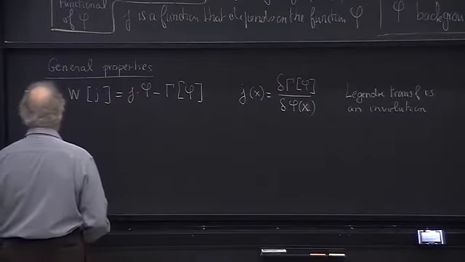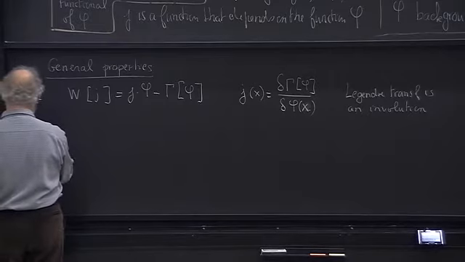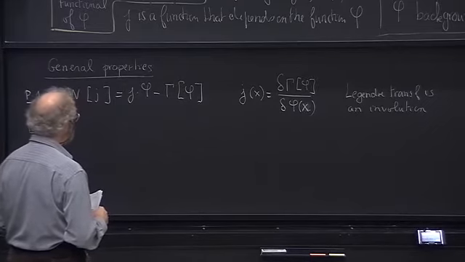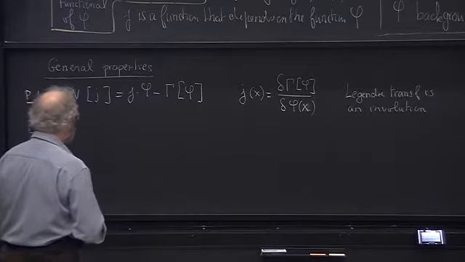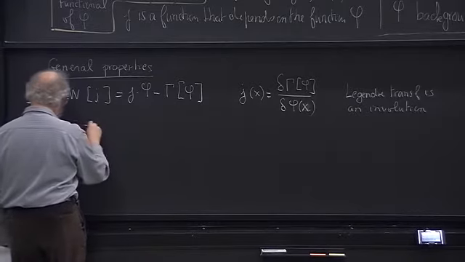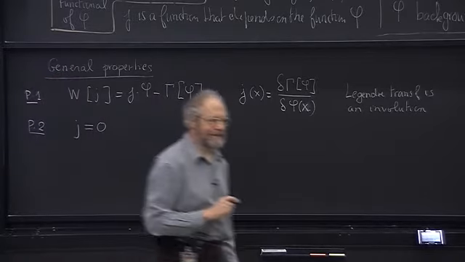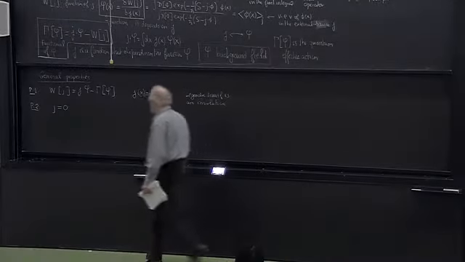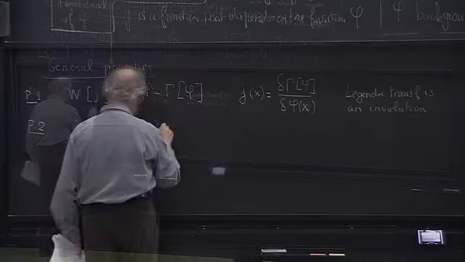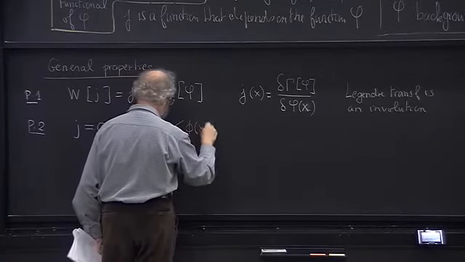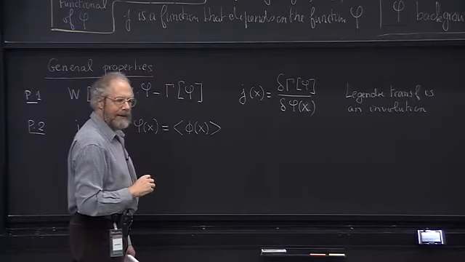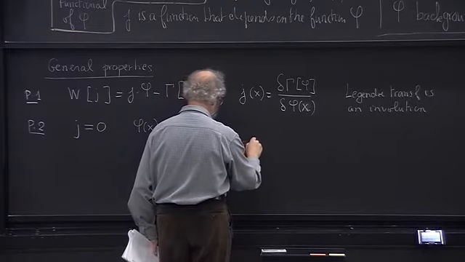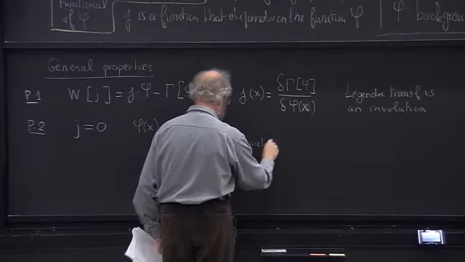Okay, property 2. This means that when G is equal to 0, you see, when G equals 0, it means that phi of x is just the expectation value of the quantum field phi at the point x in the theory with no source term.